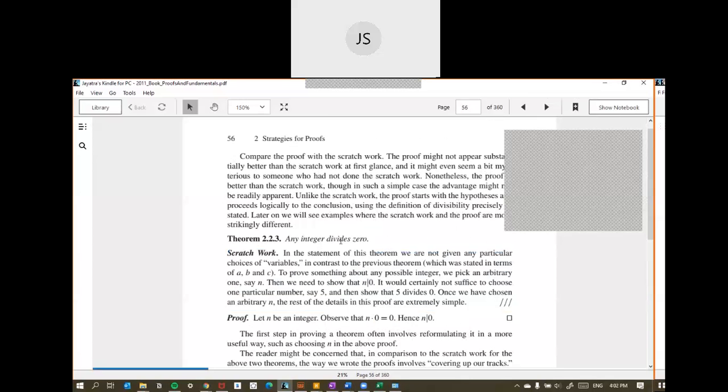So look at this. Any integer divides 0. In the statement of this theorem, we're not given any particular choices of variables, in contrast to the previous theorem, which was stated in terms of A, B, and C. To prove something about any possible integer, we pick an arbitrary one, say n. And then we need to show that n divides 0.